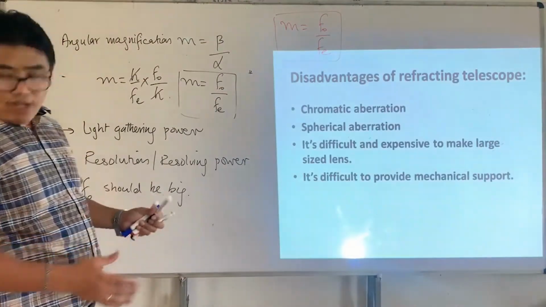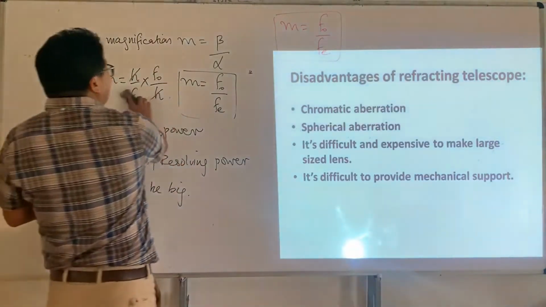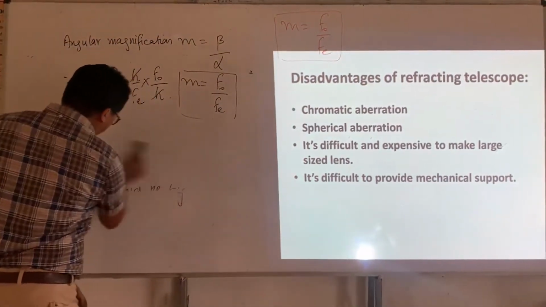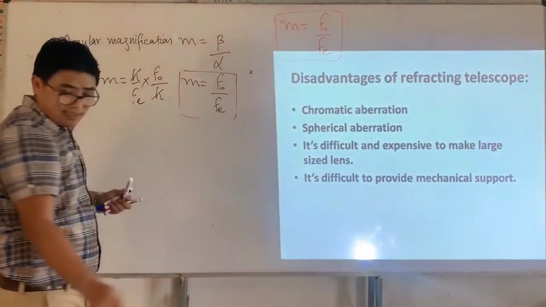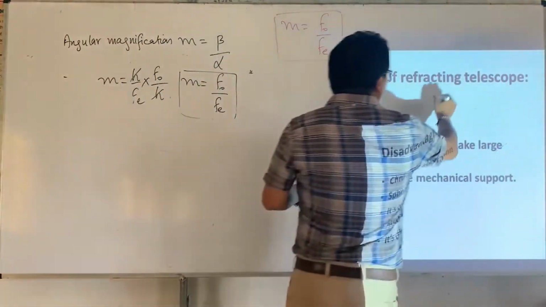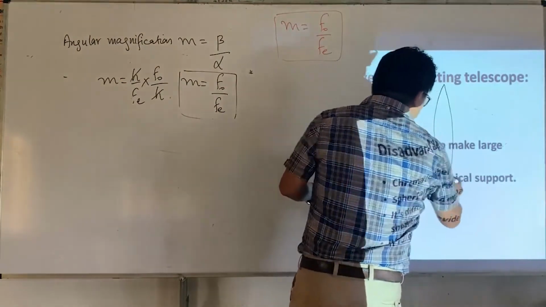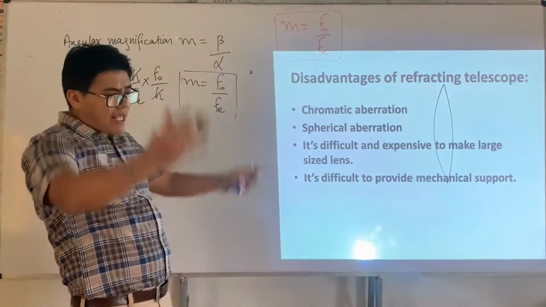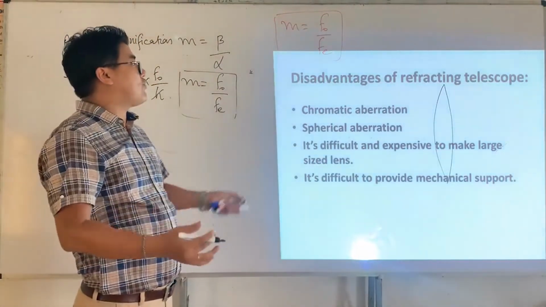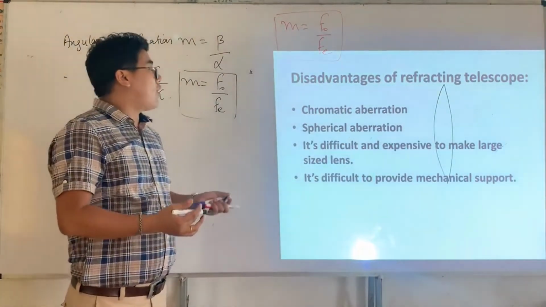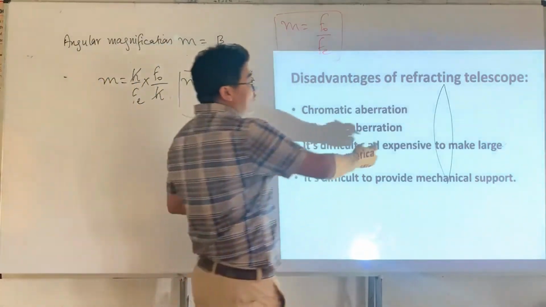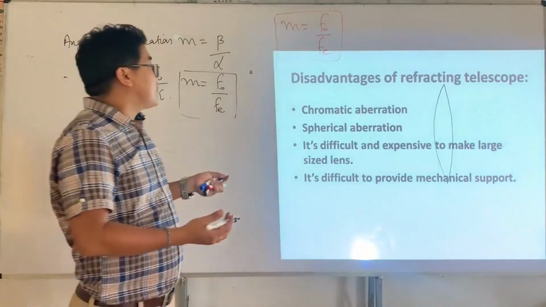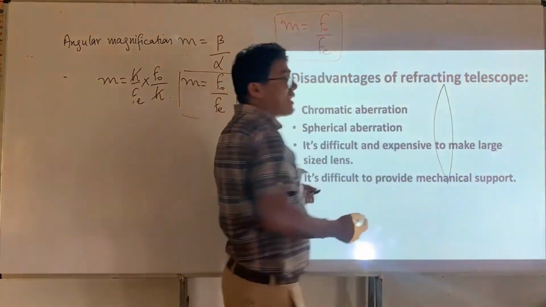If I design a huge objective lens, then the thickness of the lens is going to become thick. If I design, let's say, a 1 meter refracting telescope objective lens, then the thickness of the lens is going to increase.